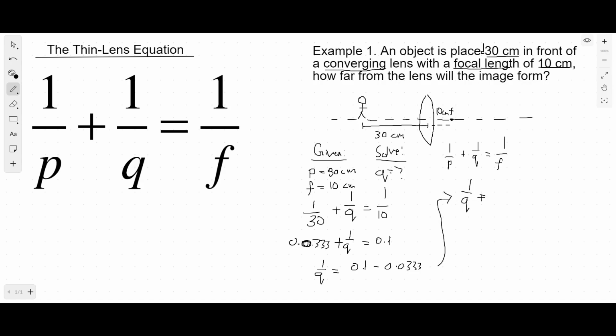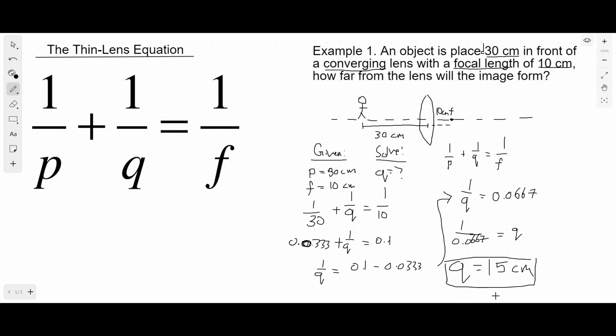So 1 over q equals 0.0667. Now the last thing we have to do is just cross multiply. The q will come over and the 0.0667 will come under. So 1 divided by 0.0667 is our q, and it's very, very close to 15 centimeters.